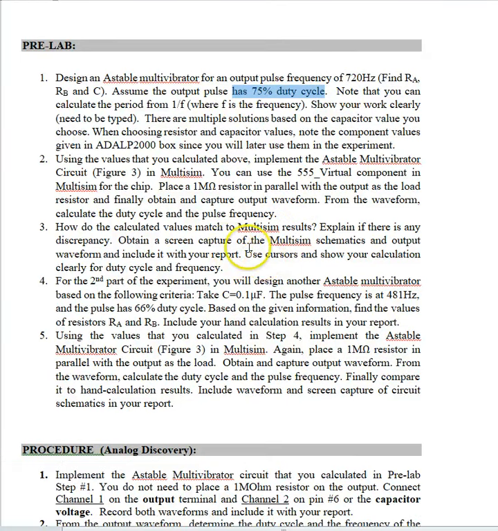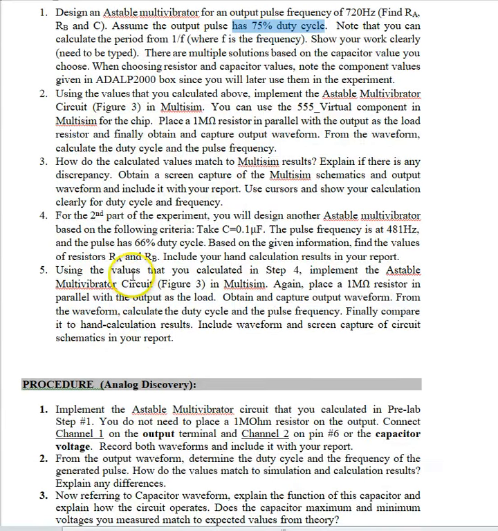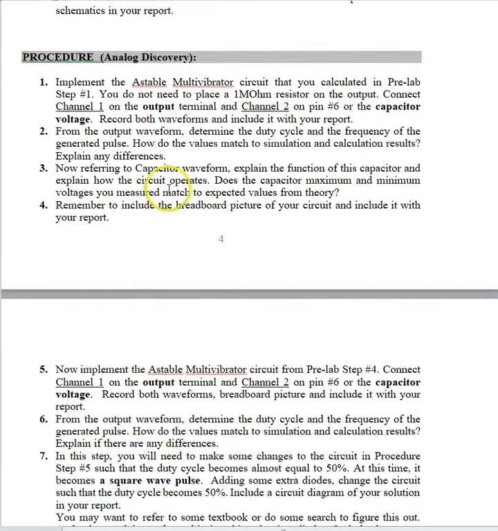And then the second part is designing based on the given specifications. The capacitor value is actually specified. Now you're designing it for 481 Hz and 66% duty cycle. And then the Multisim simulation.